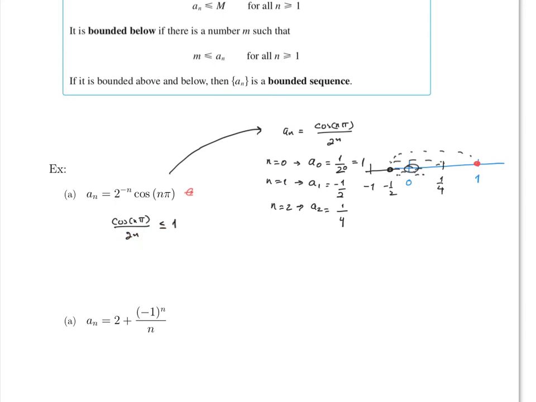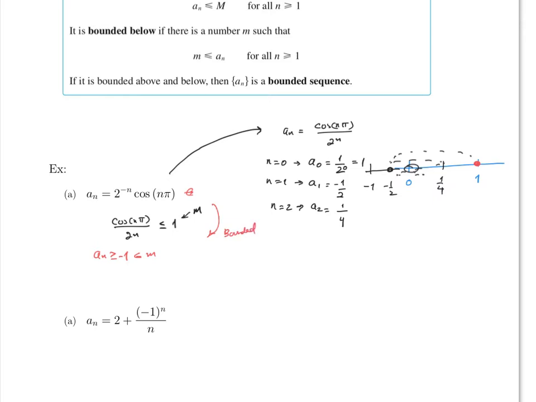So this is clearly less than 1. Therefore this is bounded above by, this will be capital M. And also a n is going to be bigger than or equal to negative 1. So therefore this is also bounded below. So this will be lowercase m. So clearly this is bounded.